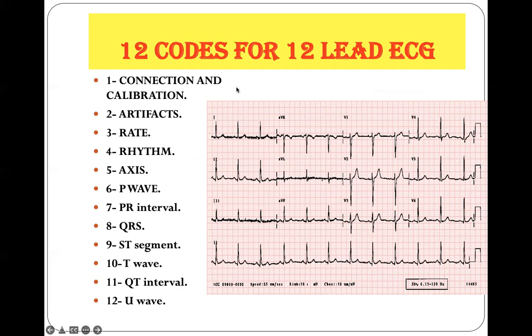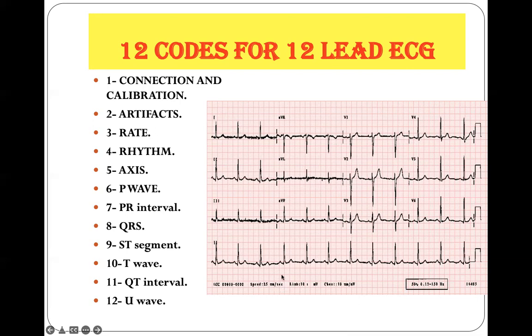So to summarize our 12 codes for 12-lead ECG interpretation, take it as a stepwise approach. The first thing is to be sure of your connection and calibration. At first look at aVR. If it is negative, your ECG is properly connected. Look at the normal calibration: 2 squares in amplitude and the speed 25 millimeters per second.